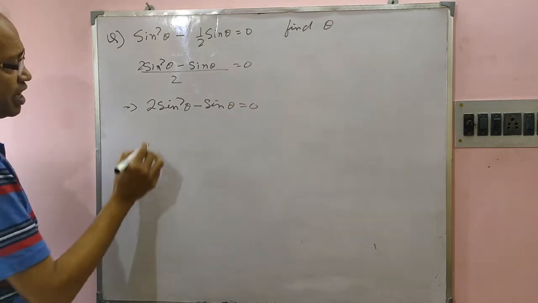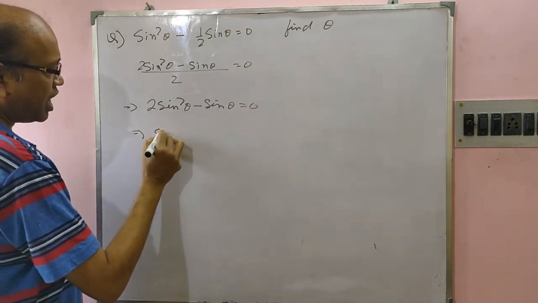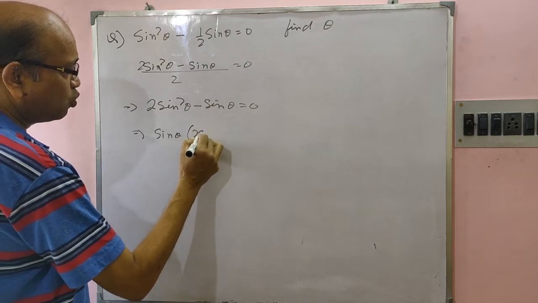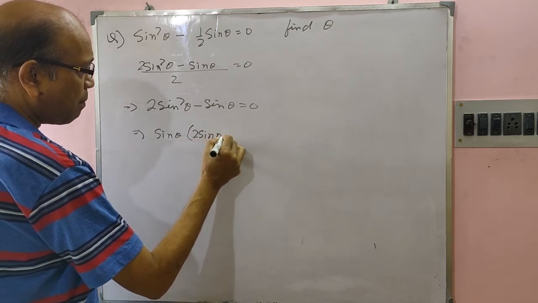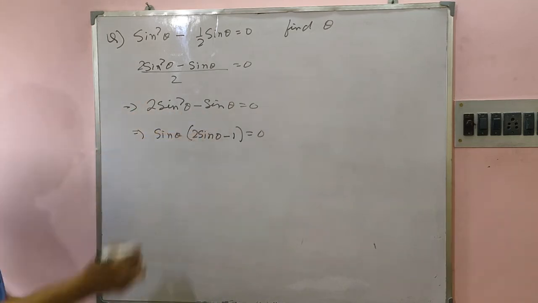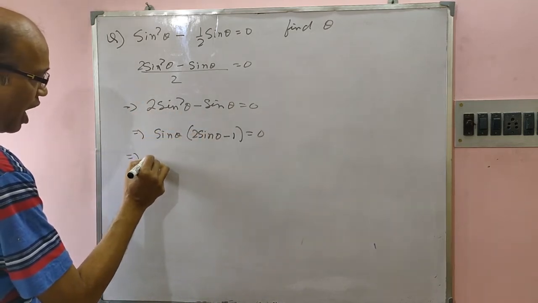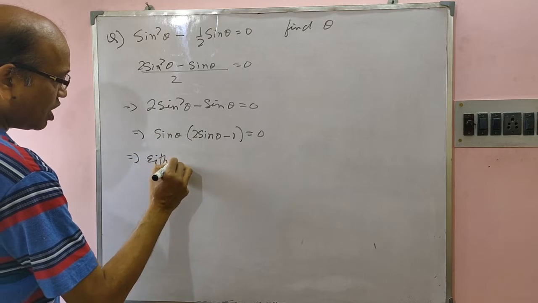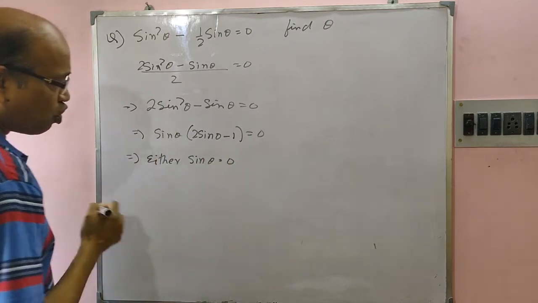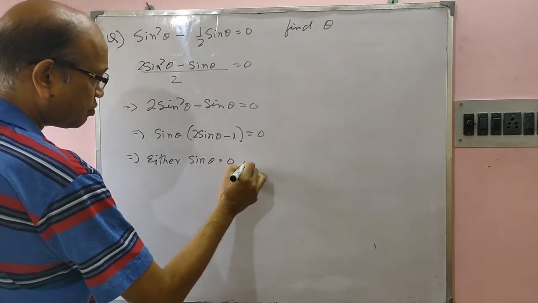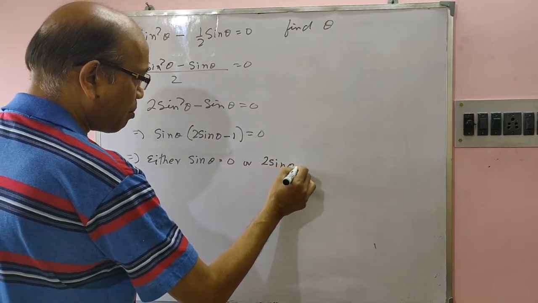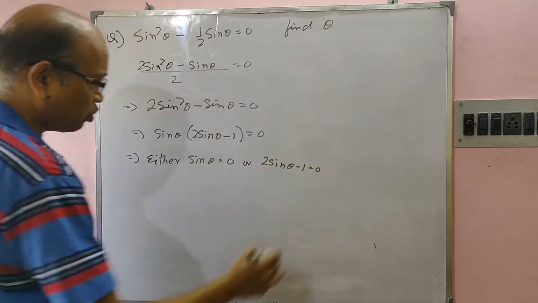Taking sine theta as common from here, I get sine theta into 2 sine theta minus 1 equals 0. Therefore either sine theta is equal to 0 or 2 sine theta minus 1 equals 0.